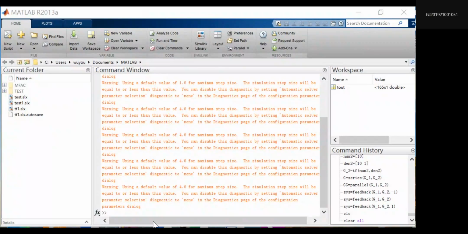Okay, now we have the input signal. This is temperature. The temperature we need now is 25, right? But actually the temperature now is 10. So the system's response to the target will have a curve.